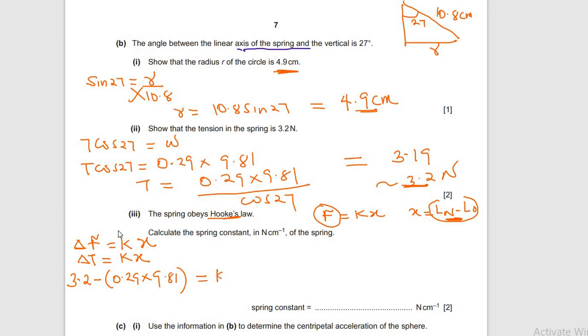This change in tension causes extension. What's extension? New length is 10.8. Original length, the first one, is 8.5. Remember, they are in centimeter, and the answer asks us to leave it in centimeter. So from here, 3.2 minus first 0.29 times 9.81.